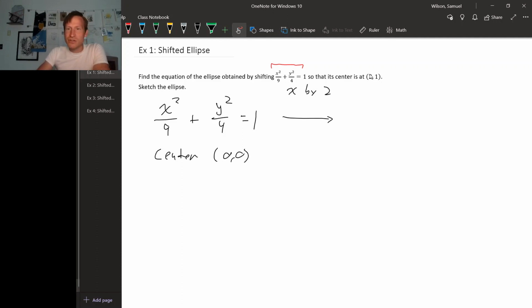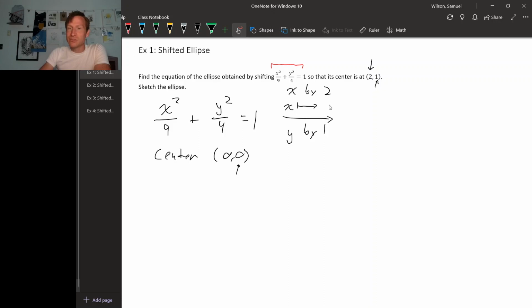We need to shift that over 2 so that the center moves to x coordinate 2. And in the y direction, we need to shift by 1 so that the y coordinate of the center moves from 0 to 1.